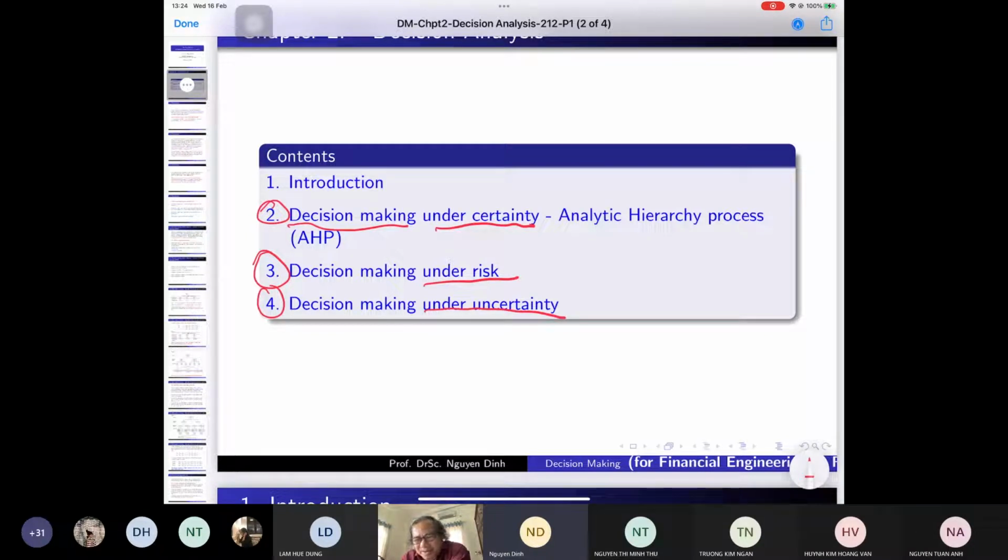Nothing is clear. You don't know if it rains or not, and you don't know the probability either. So the situation is rather hard, to make a decision when everything is not clear.